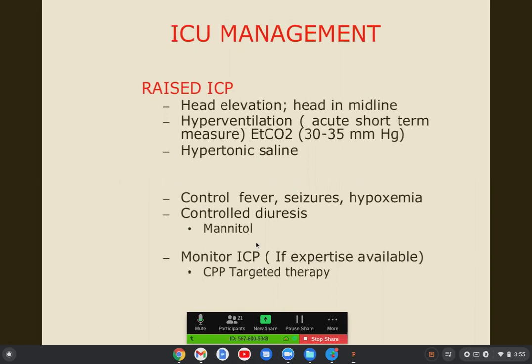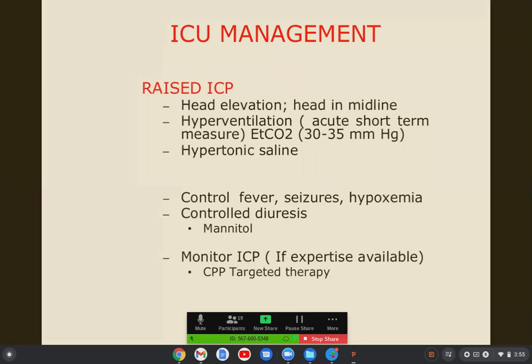In case you don't have invasive ICP monitoring, you can check the pupils. Frequent assessment of the pupils gives you a good guide of ICP, and also helps you understand whether your interventions are working or not. If you have a small EDH and your neurosurgeon is not going to operate right away and wants to observe the patient, it is the pupils that give you a window to tell whether the patient is declining.